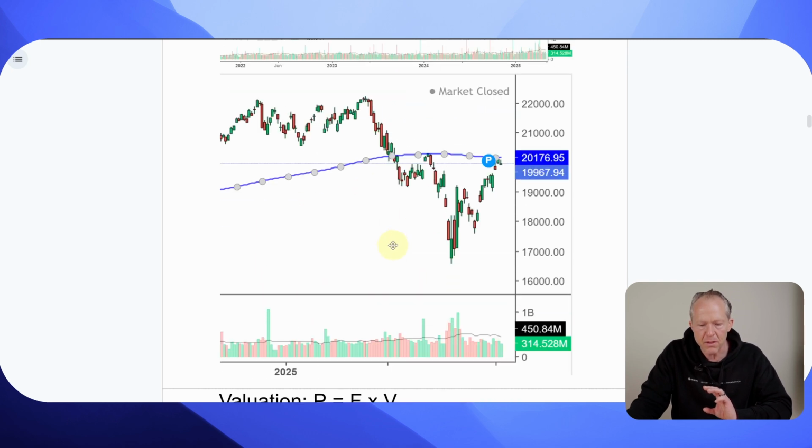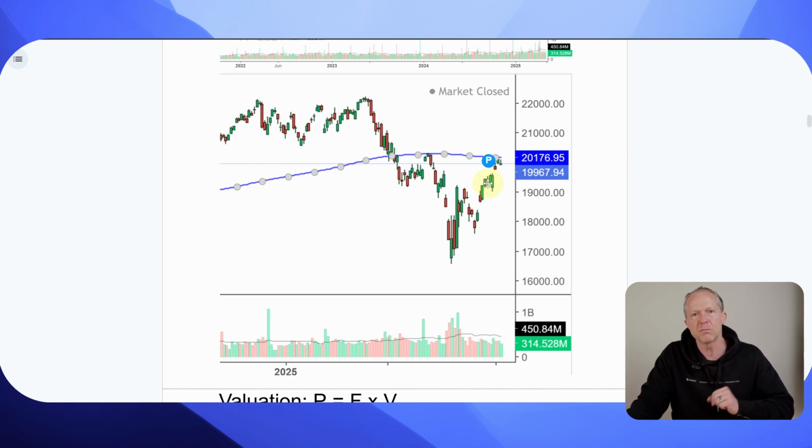We went through here in around March, got very, very close to attempting to break up through the 200-day moving average. And now recently, just the other day, just before the weekend, touched the 200-day and then broke down again.